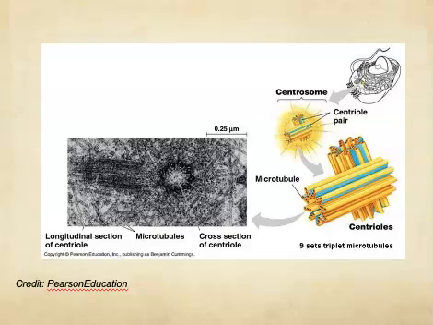Here's another image depicting what the centriole pair looks like, and then another EM image showing them as they actually lie in the cell. Again, you can see the triplets of microtubules, and each triplet is connected to the next triplet all the way around the centriole.